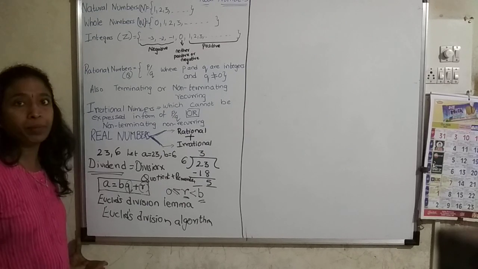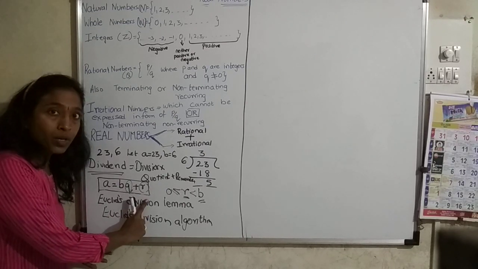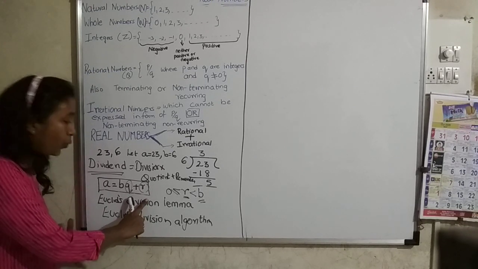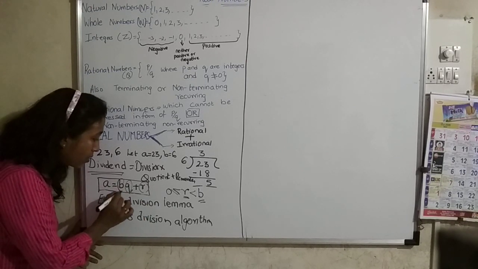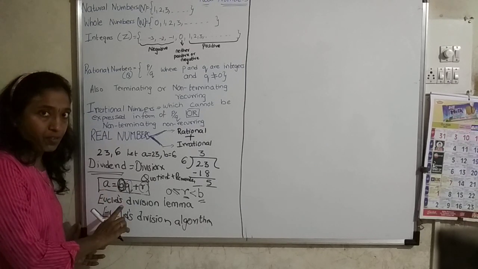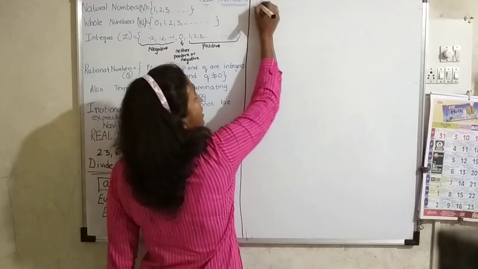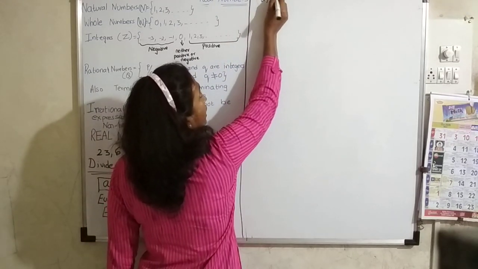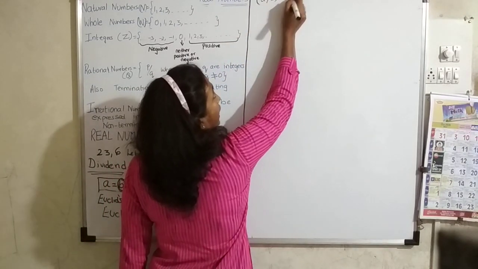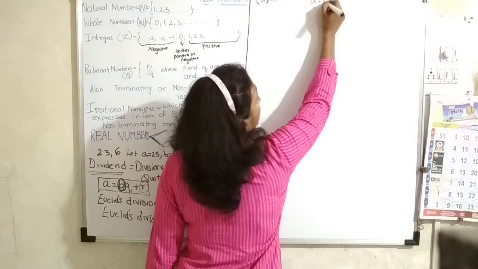I'll show you one example, but please understand that the step where you get remainder 0, there this b becomes the HCF. Euclid's division algorithm basically says that if you have two positive integers a and b, with a greater than b, you write in the form a = bq + r, 0 ≤ r < b.